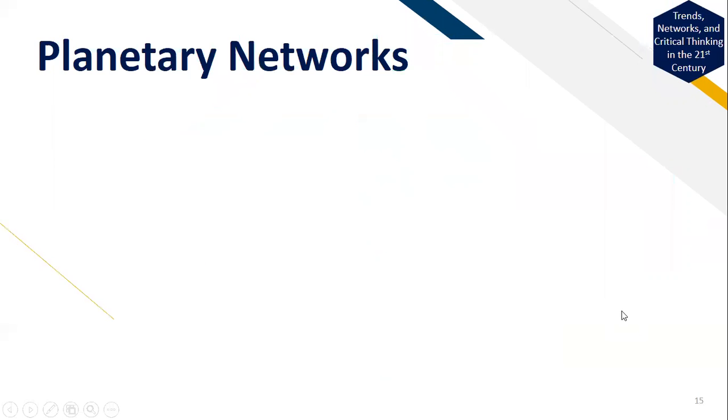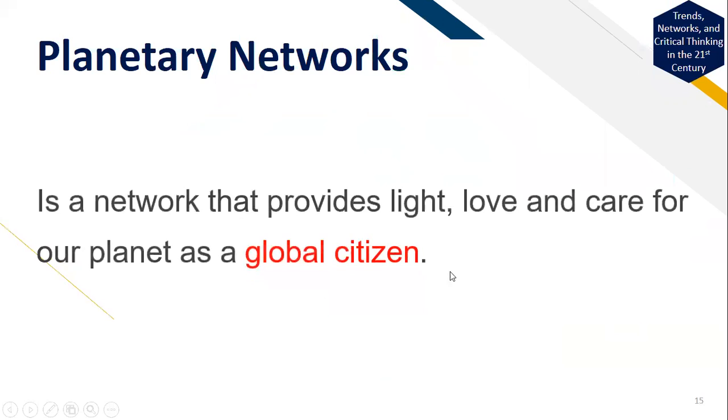So next is of course planetary networks. So pag sinabi natin planetary networks, ito na yung tinatawag nating people acting as global citizen. Bakit global citizen? Kasi ito na yung consolidated effort ng all nations and all nationalities in this planet to provide light, love, and care for our planet.